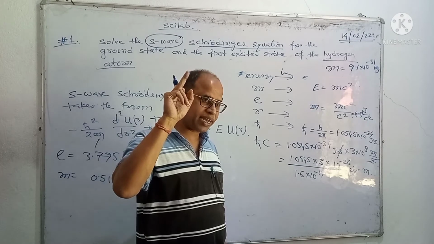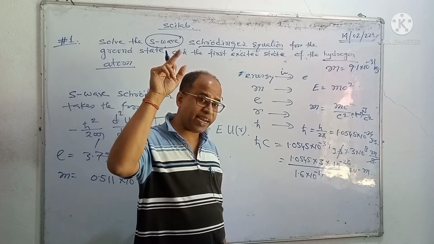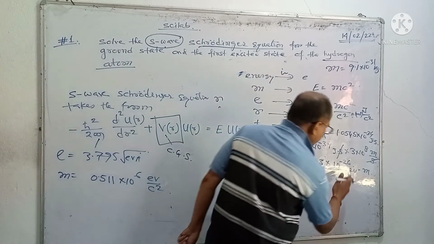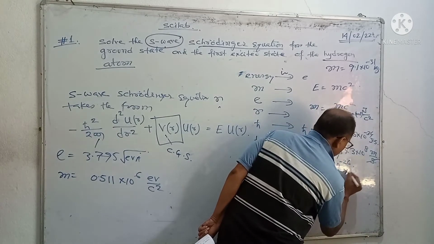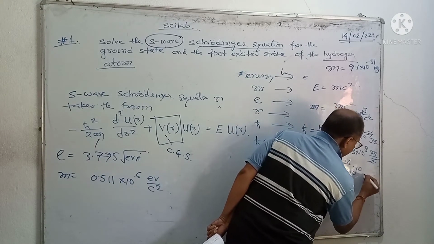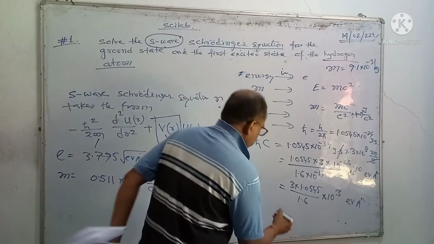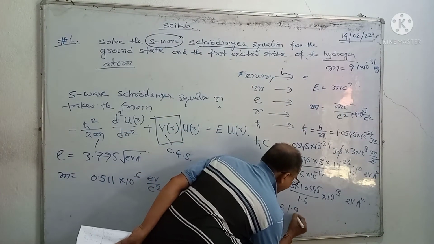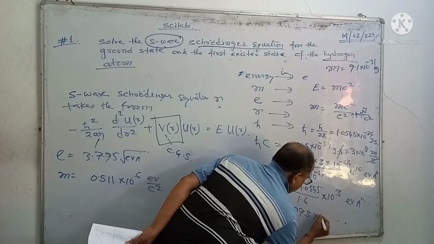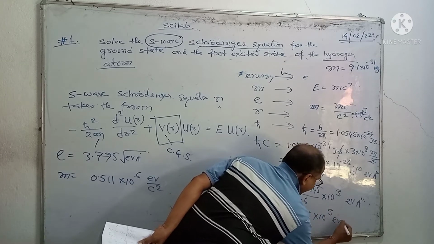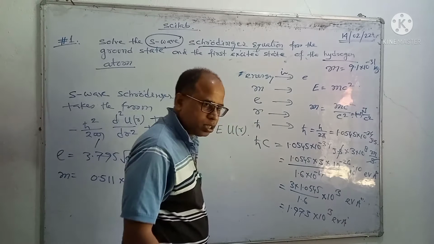Therefore, 1 meter is equal to 10 to the power 10 angstrom. Therefore, here into 10 to the power 10 electron volt angstrom. This is equal to 1.973 into 10 to the power 3 electron volt angstrom.